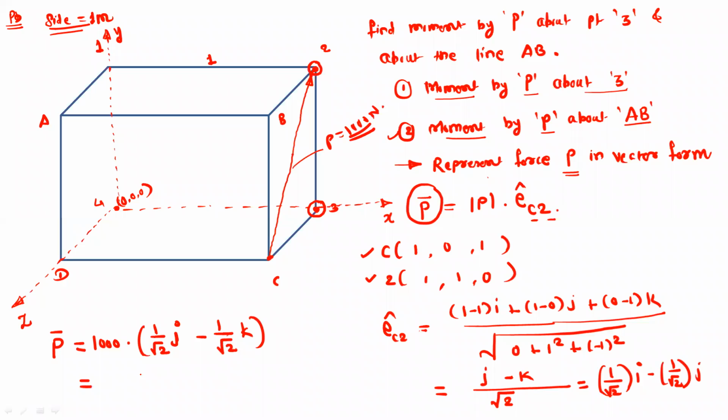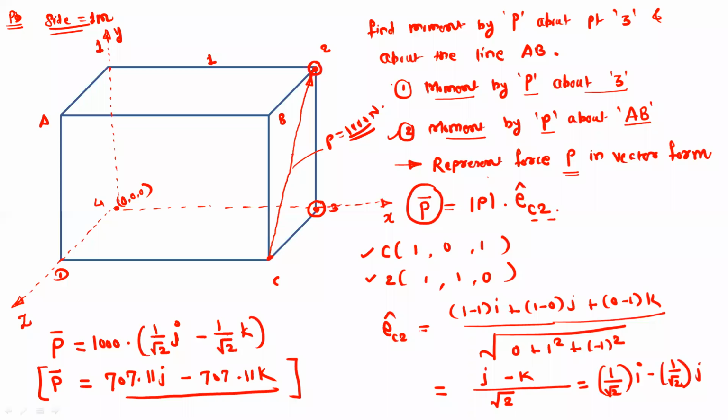Okay. So if you simplify this equation, then you will get 707.11 j minus 707.11 k. Okay. So this is the force vector, that is the P bar.